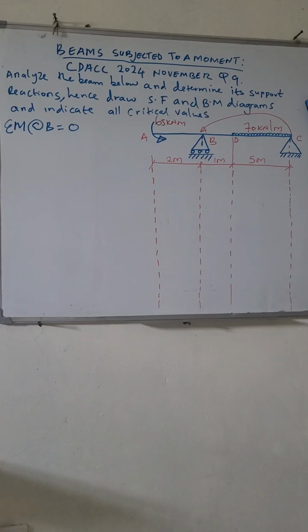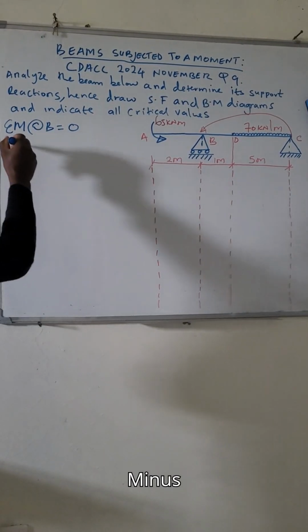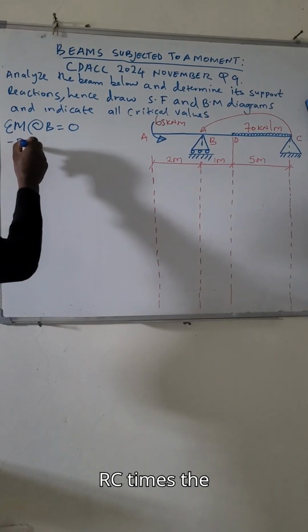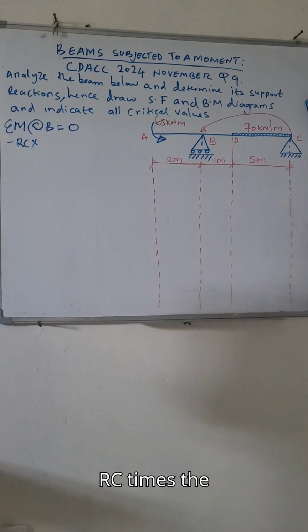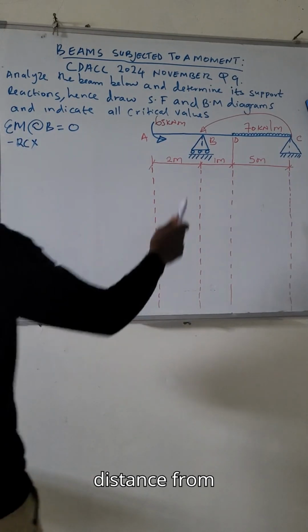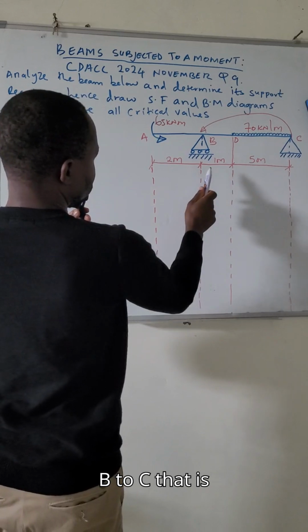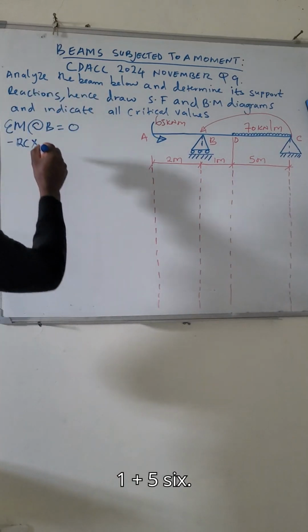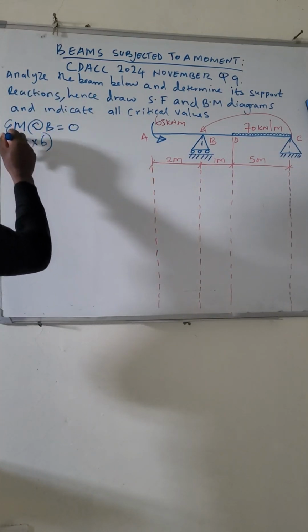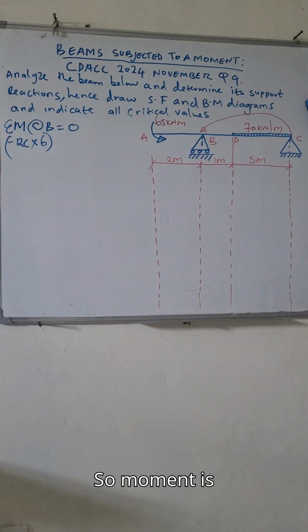So it will be minus RC times the distance from B to C. That is 1 plus 5, 6. So moment is the force times perpendicular distance.